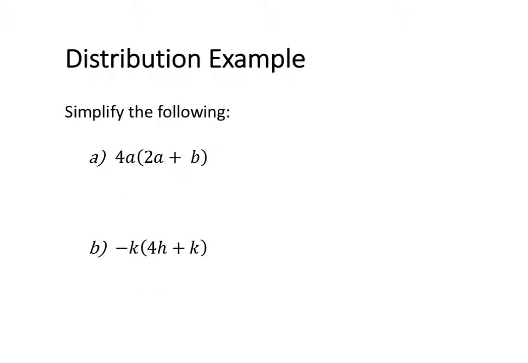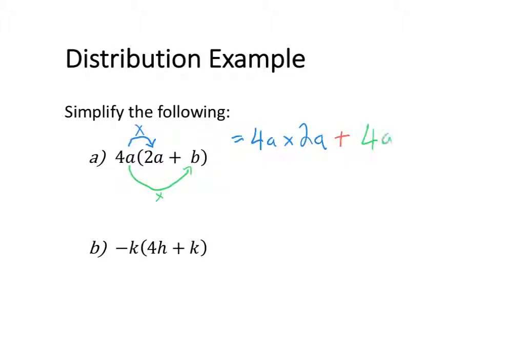The next example is 4a, and then distributing it into 2a plus b inside the bracket. So the first step is to take my term outside the bracket, my 4a, and multiply it by the first term inside the bracket. So that is going to equal 4a times 2a, and plus 4a multiplied by the second term inside my bracket, which is b.